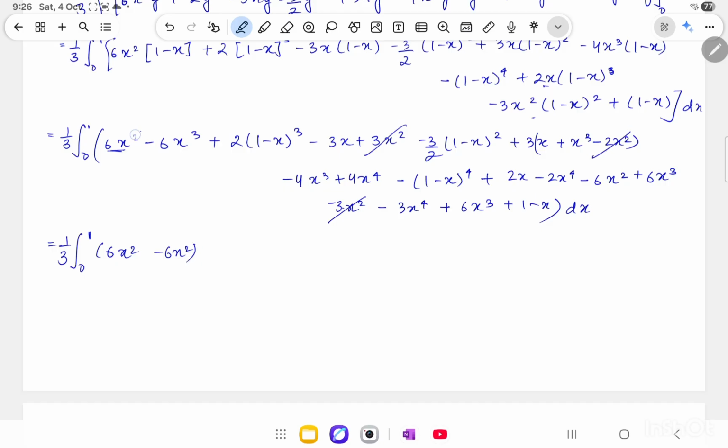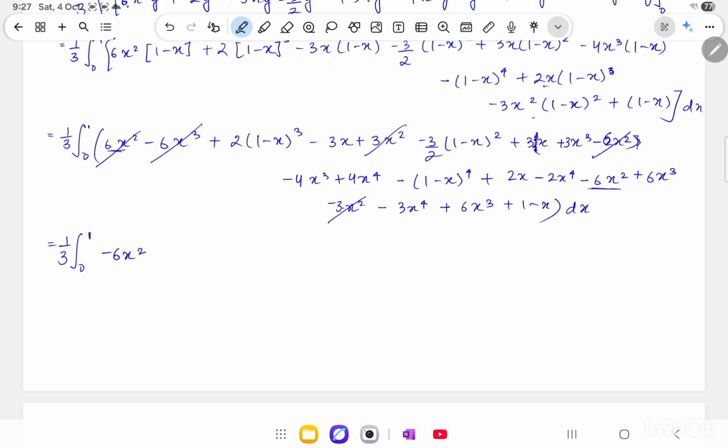So this term balances this one. Let's just multiply it with 3, so it will be 3 minus 6. There is no bracket here, and this is minus 6x square again. Yeah, it's minus 6x square.